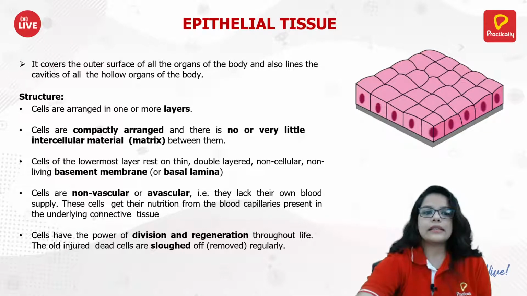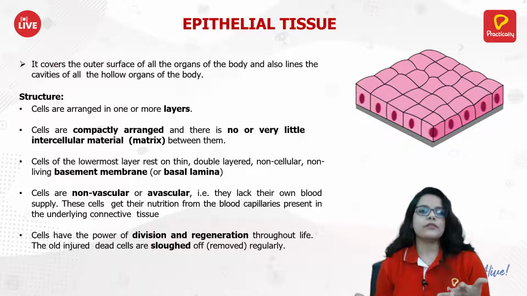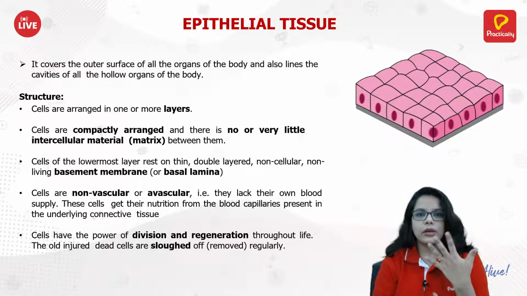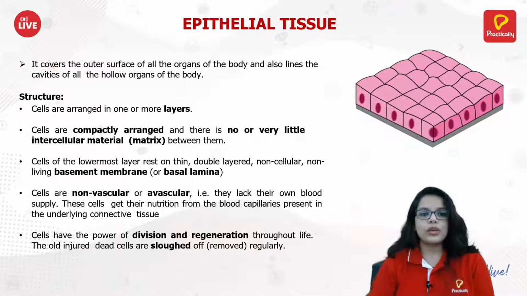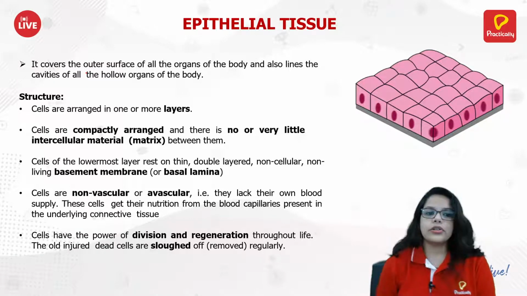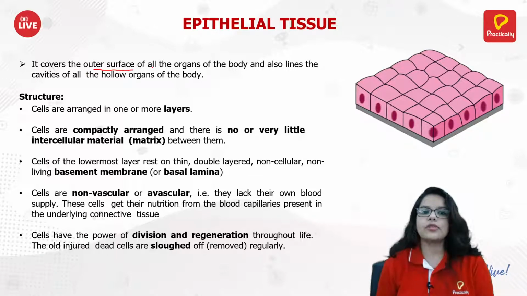It covers the outer surface of our organs. Our skin is mostly made up of epithelial cells or epithelial tissue. So it covers the outer surface of all organs of our body, and also lines the cavities in the hollow organs of our body.